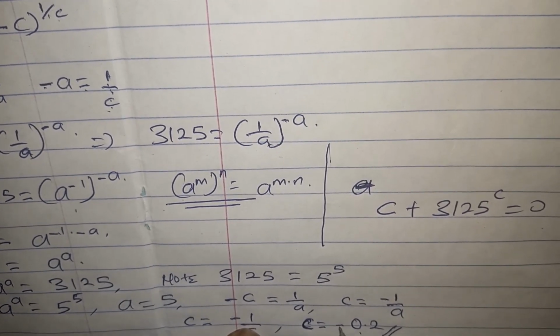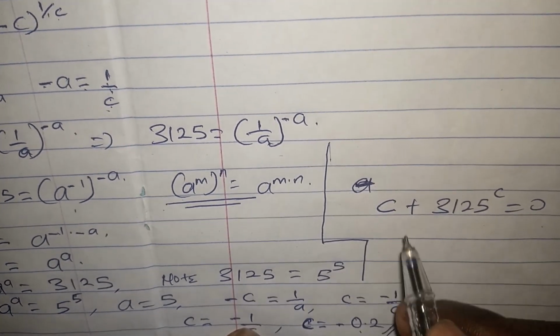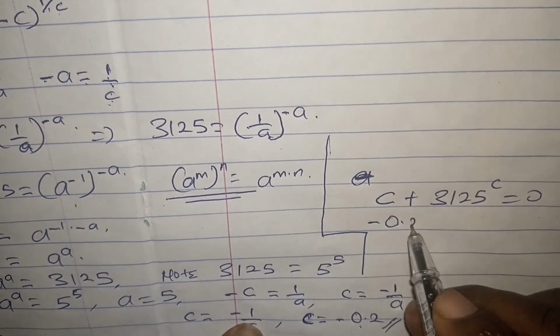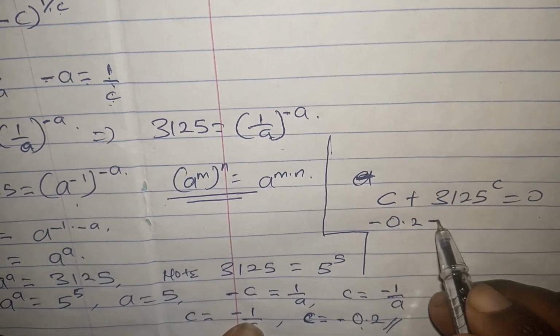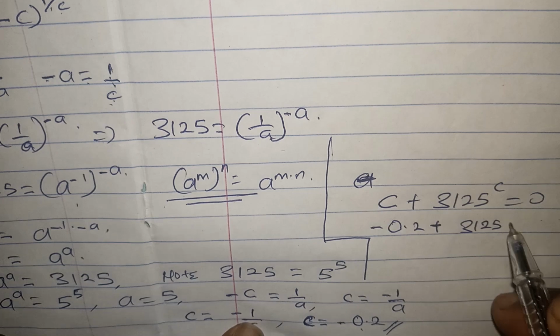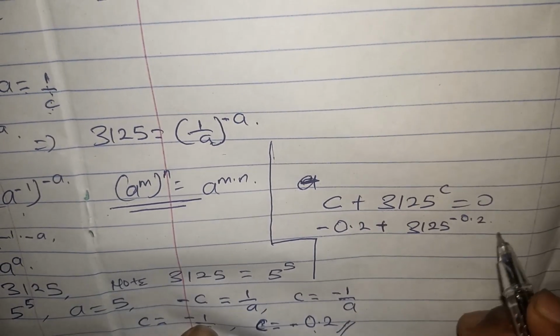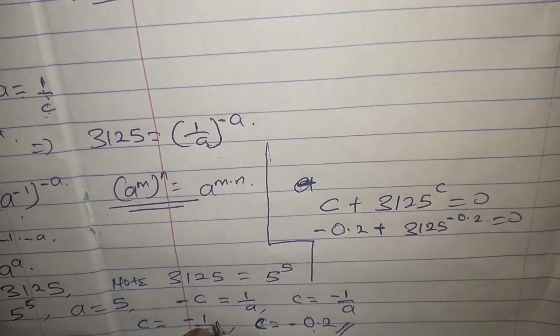I know c to be minus 0.2, right? So we can say minus 0.2 plus 3125 to the power of minus 0.2 equals to what? Equals to 0, right?